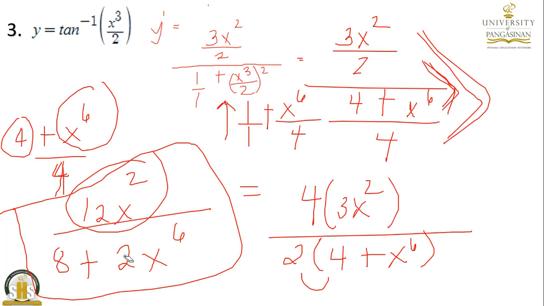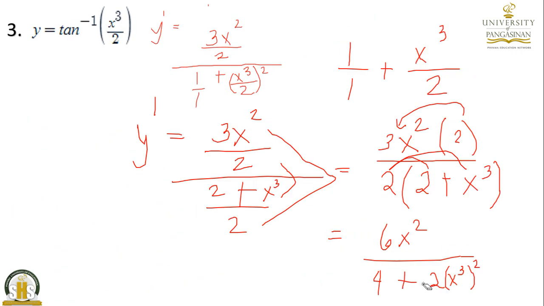So pwede na yung 12x squared all over 8 plus 2x to the 6 power. Pwede na po yan. Wag na natin siya i-simplify. Sa module ninyo, ang sagot is 6x squared all over 4 plus 2x cubed, which is mali kasi hindi niya na-distribute yung 2.